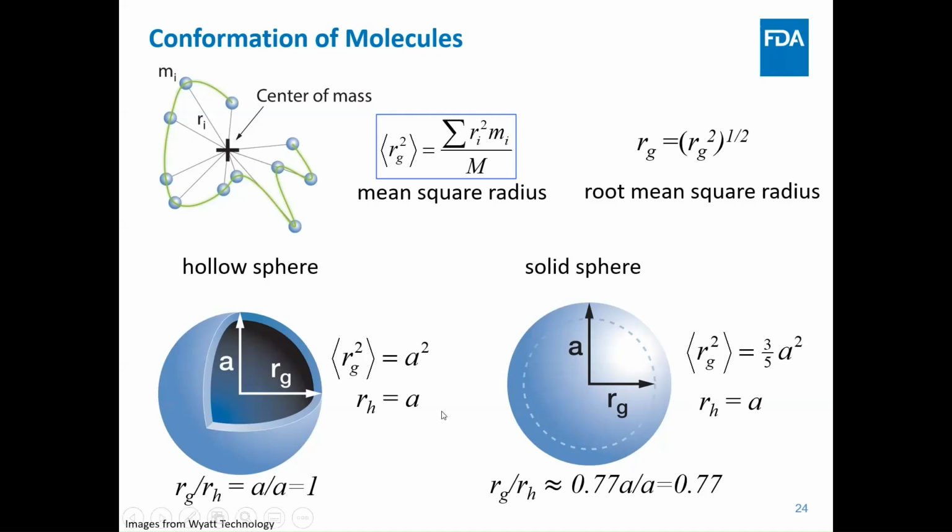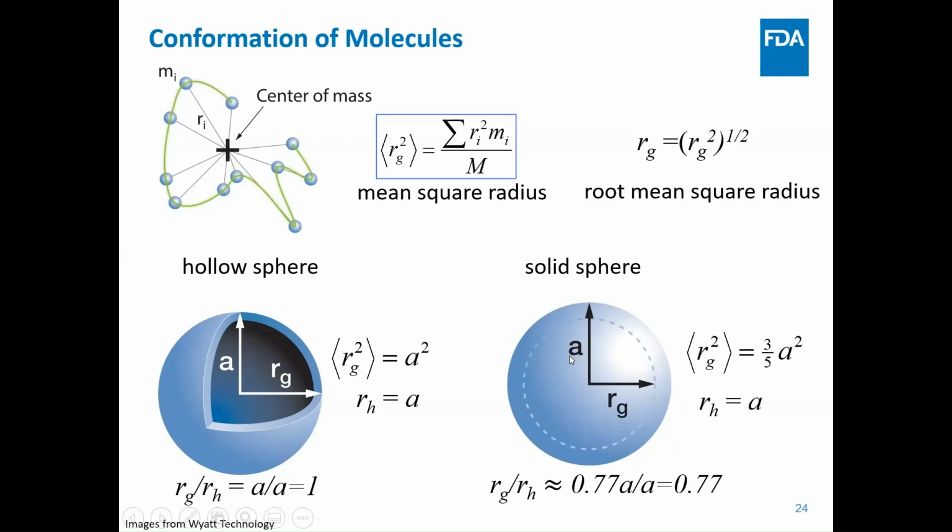So for a solid sphere, their hydrodynamic size will be the same, but their RMS size, which uses RG as a symbol, is smaller because in addition to the mass on the outer layer, you have mass all the way to the center that causes a smaller RG size.